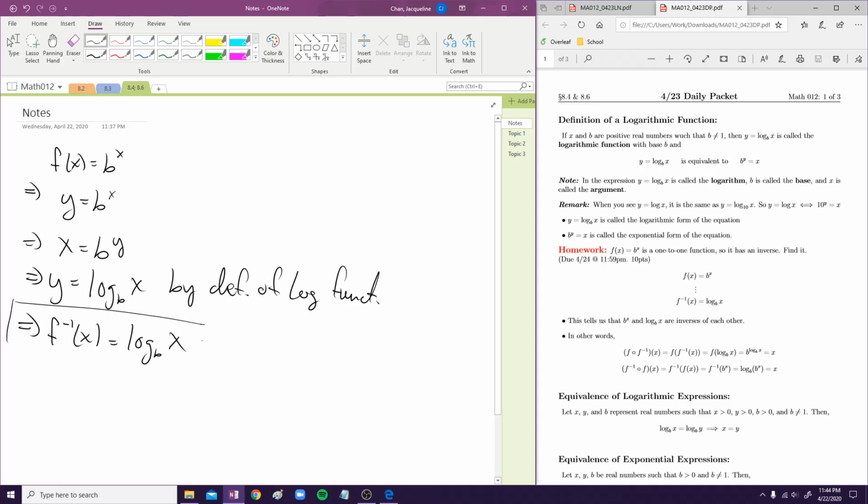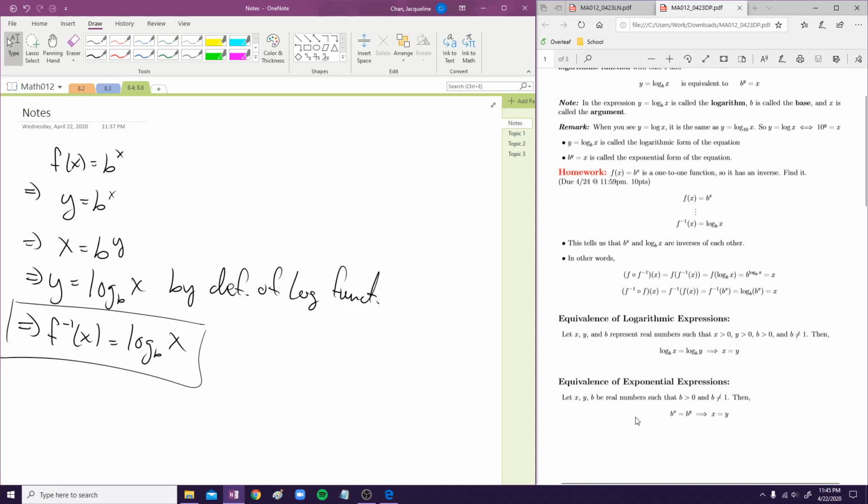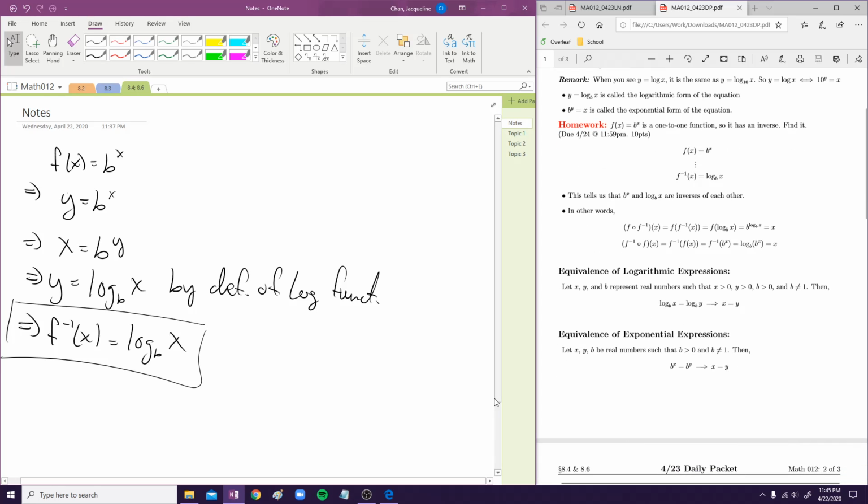Your homework assignment is to replicate this, and this is due on Friday at 11:59, and is worth 10 points. Now that we found the inverse function, what does that mean? This means that b to the x and log base b of x are inverses of each other. Since they're inverses, if we took the composition of both functions, either f of f inverse or f inverse of f, they both equal x.